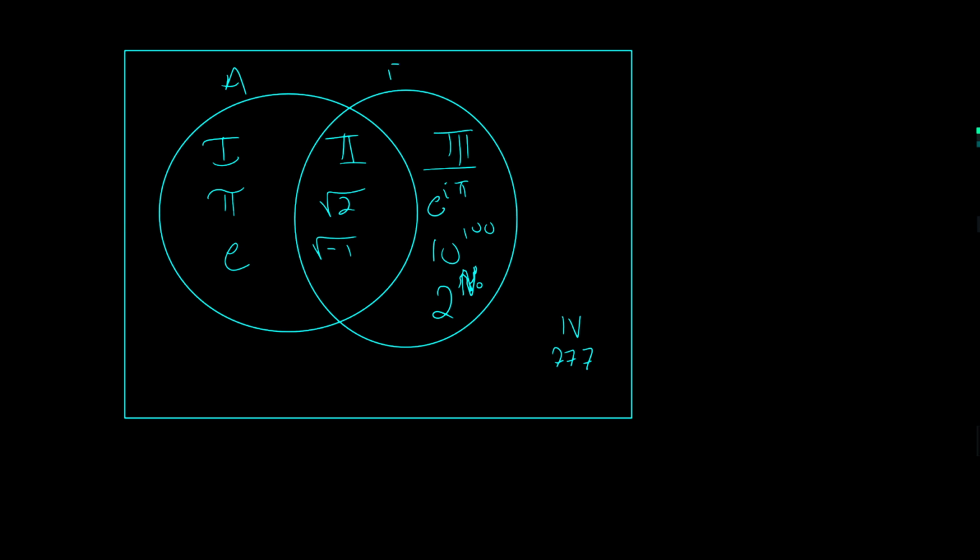A and B. And so I can look at A union B. I'm going to put my set down below here. And so that's going to be everything that's in either. So I get all of these things. Everything that's within here is within my set.